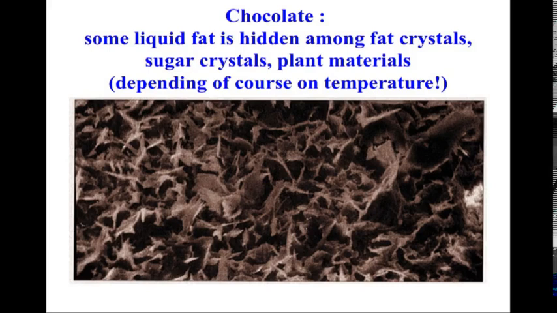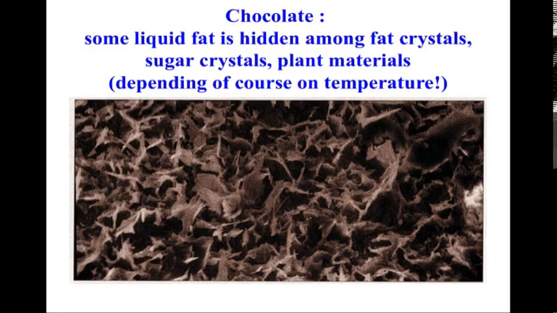So for example, for chocolate, this is a microscopic picture of the surface of chocolate at 20 Celsius degrees. The temperature is very important, of course, because everybody knows that when you cool the chocolate, it is very solid, but if you eat the chocolate, it melts. So at room temperature, part of the fat of cacao butter is solid and part is liquid.